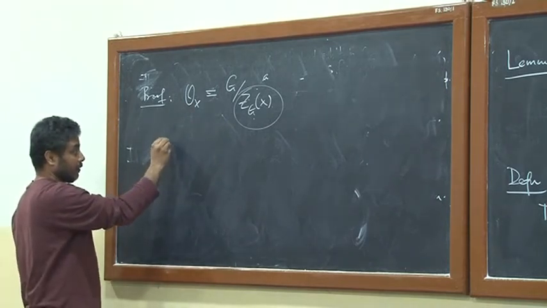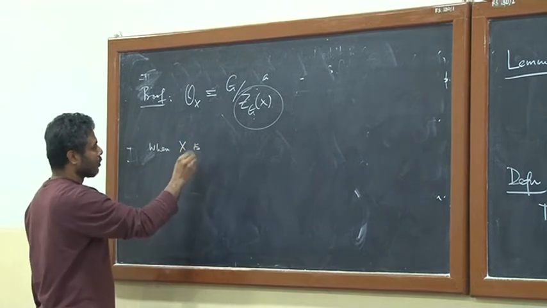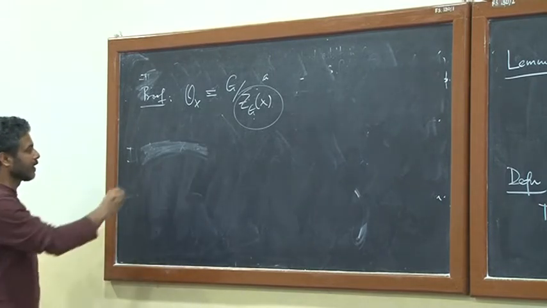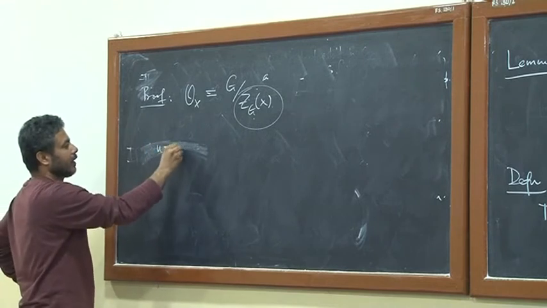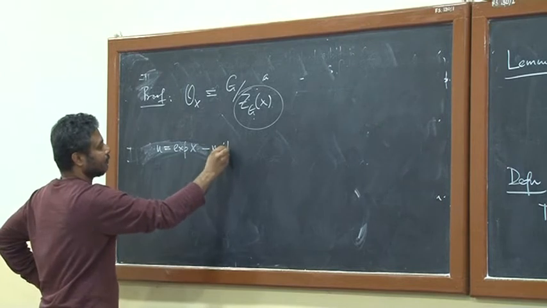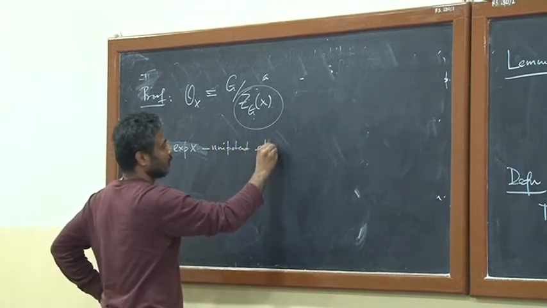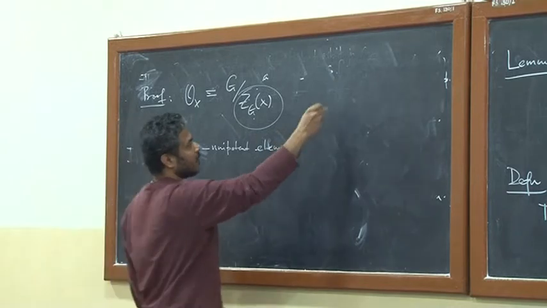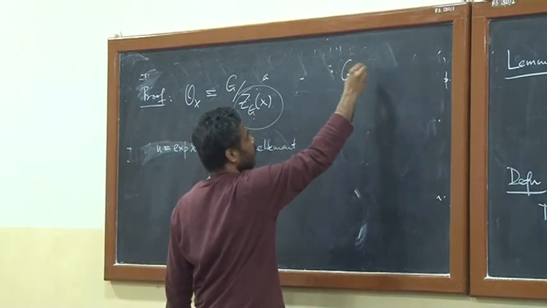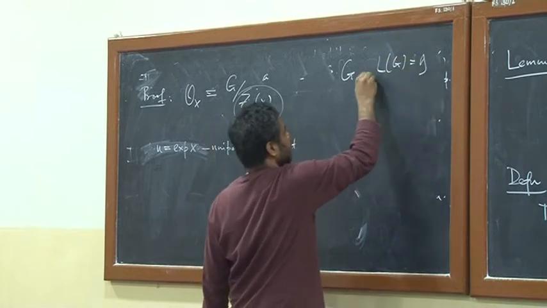Let me set up some notation. So let u be the unipotent element given by exponential of X. So this is a unipotent element. Let G be the complex group for which N of g is this.